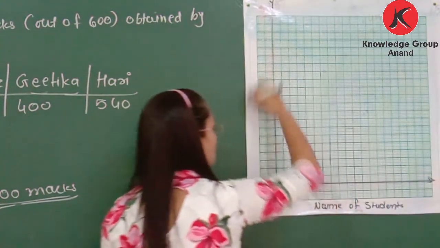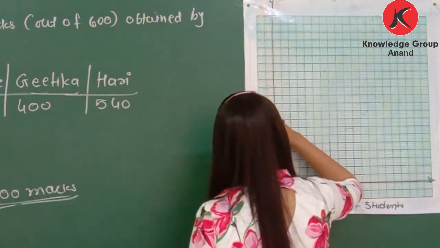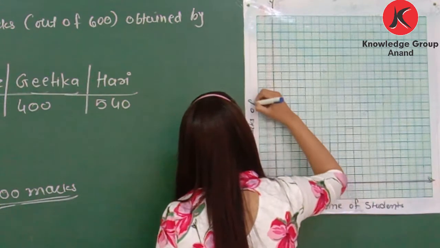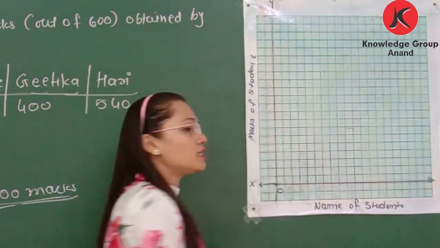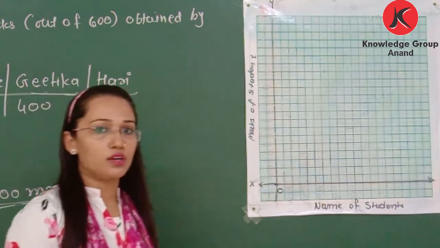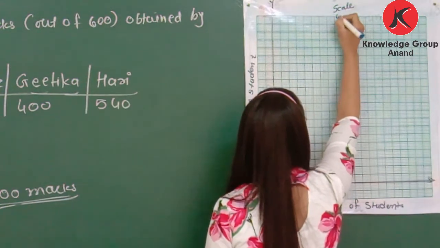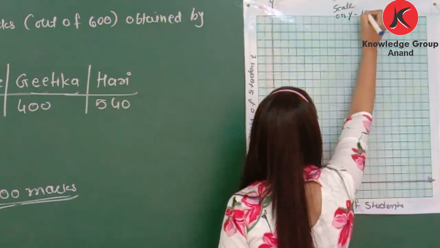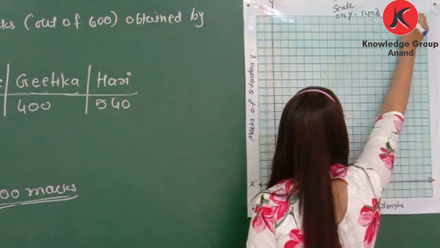And on the y-axis, which information are you going to represent? Marks of students. So you need to write this information. Now the scale. Here I select 1 unit is equal to 50 marks. So the scale on the y-axis is 1 unit, or you can write 1 centimeter, is equal to 50 marks.